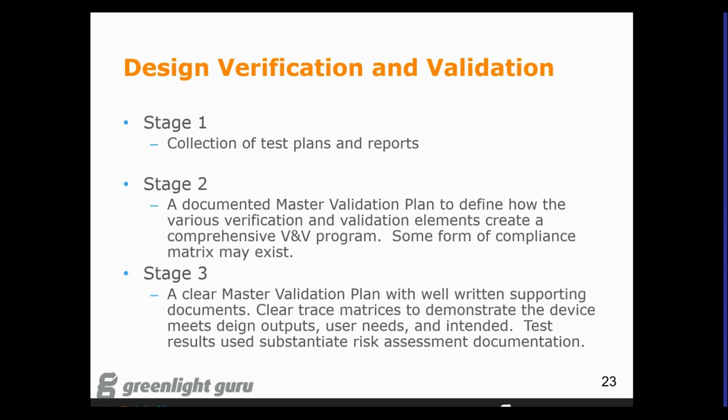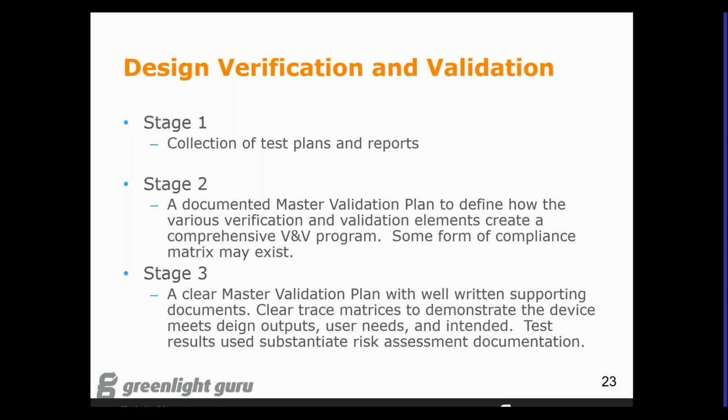I'll find that the most mature companies and organizations will have a really strong validation program and really good trace matrices that are able to link inputs and outputs with your validation, and they also link in all their risk documentation. You'll see in their risk files the mitigations, with references to the verification and validation tests.